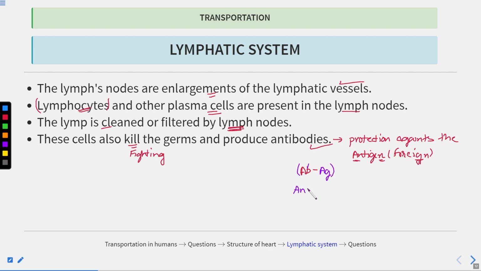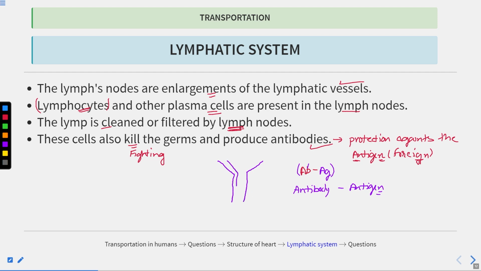So here is the antibody. Antibodies are usually Y-shaped structures, and they have antigen recognizing sites. How is the structure? I'll just draw a rough diagram of the structure of the antibody. It looks like this, a Y-shaped structure.